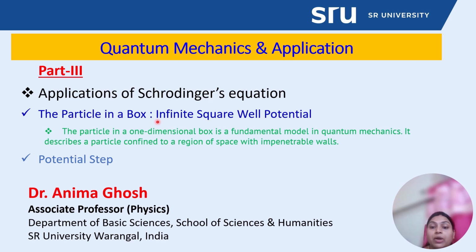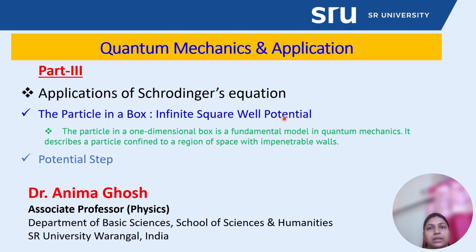This is one of the fundamental and illuminating problems in quantum mechanics, the particle in a box. It's also known as the infinite square well potential. This simple model considers a particle like an electron confined to a one-dimensional region of space between two impenetrable walls.